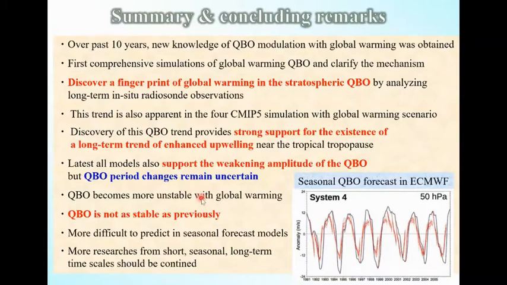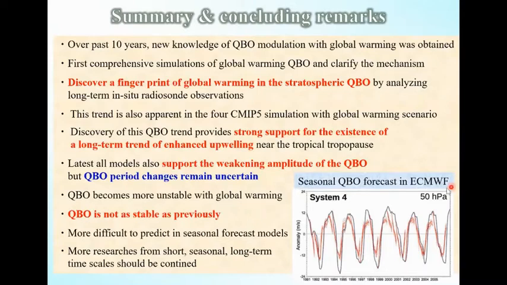But we know the QBO becomes more unstable with global warming, and in the observational record, we found the QBO is not as stable as previously, although we do not know exactly whether this is due to global warming or not. And as I introduced, the QBO influences seasonal prediction, such as the MJO and sea level pressure or storm tracks.